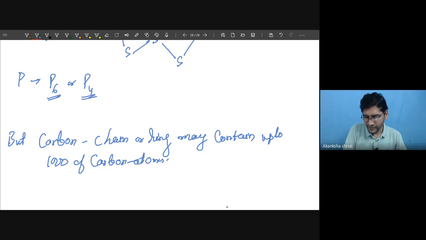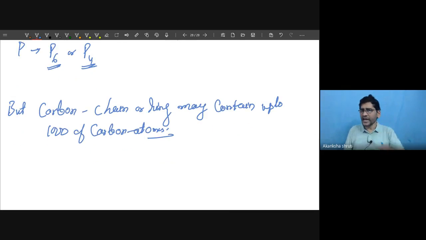Because of this characteristic, carbon can combine with carbon, 2 carbon, 3 carbon, 4 carbon, 5, 6, 10 carbon. 6 and 10 carbon are able to arrange among themselves to form rings. Therefore, a large number of compounds are formed.